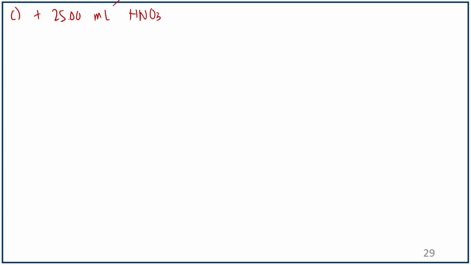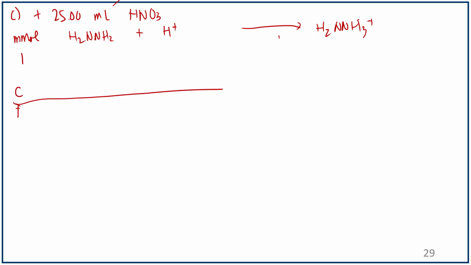So again, H plus from nitric acid will react with hydrazine. So let's write an ICF table. We already know what the initial millimoles of hydrazine is. We're not going to begin with how much hydrazine is remaining. We're assuming that this is a separate flask when we do the calculations.